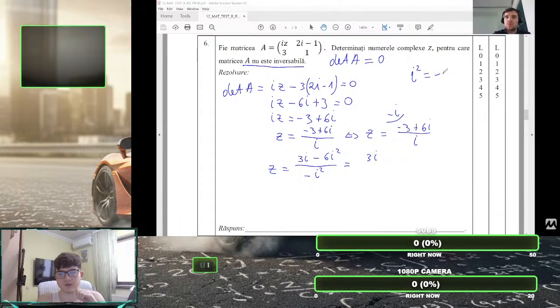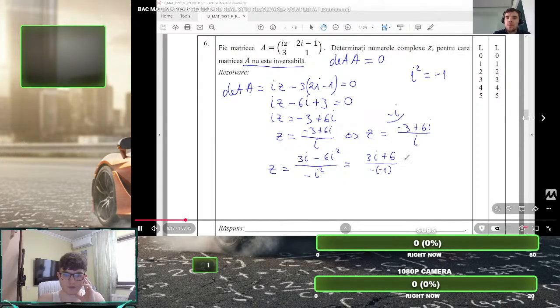This is a method. I would adopt another method, but anyways, you could take that. So below you'll have minus 1, and with a minus it's going to be 1, so basically the thing on the bottom disappears. And there you have 3i plus 6 right there, and that's it.